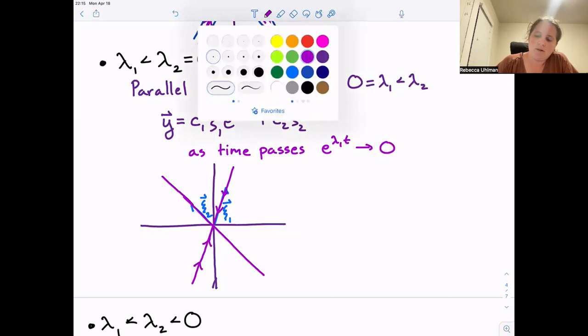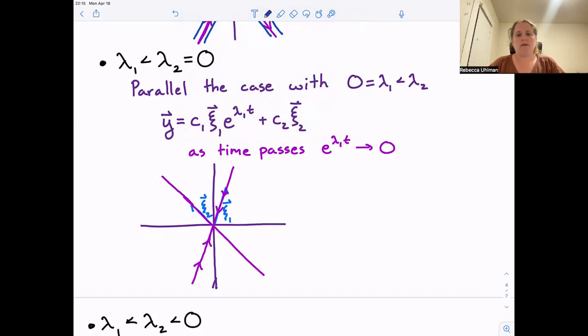And then all of our other curves, because that psi2 component, c2 psi2, is just constant, that's essentially acting as where our line starts. And then we have the c1 psi1 e to the lambda1t. Psi1 is acting as our slope. So we'll just have a bunch of lines that run parallel to psi1.